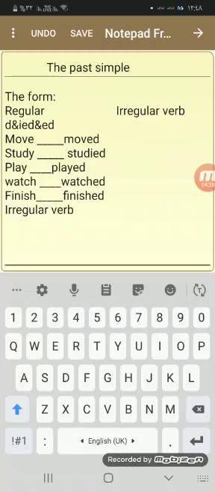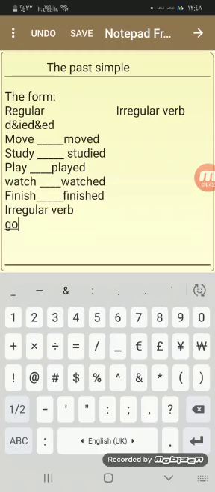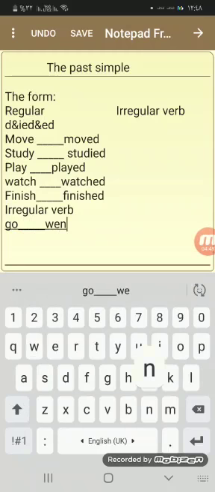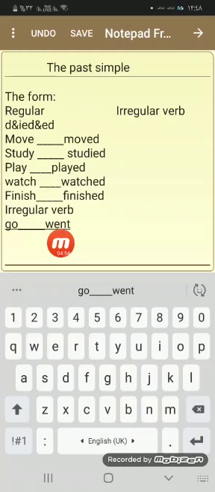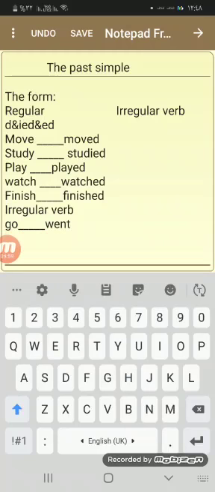For example, if I give you the verb go, change it into went. Because this is not a regular verb. We have many irregular verbs, shabab. I give you some.